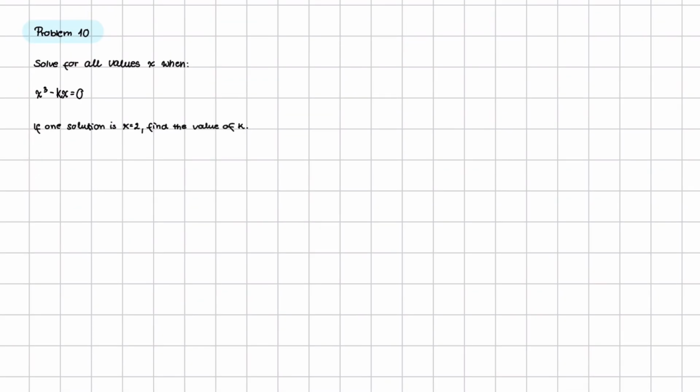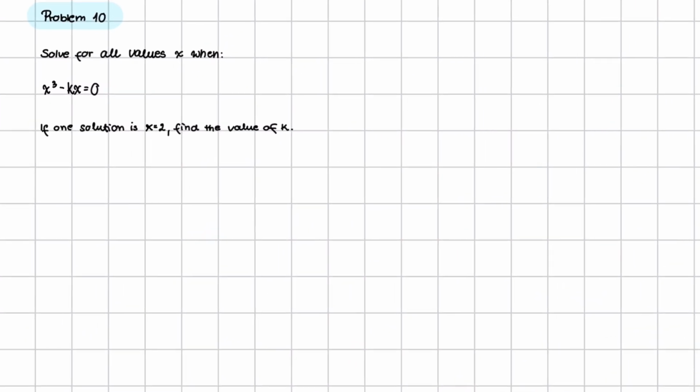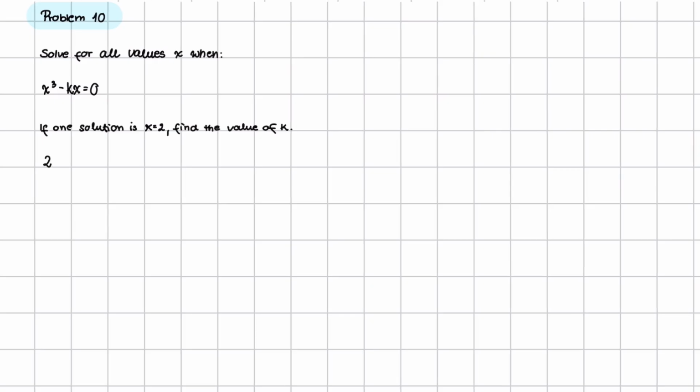Problem number 10, solve for all values of x. We have an equation, and then we have: if one solution is x equals 2, find the value of k. So basically the first thing that we have to do is just substitute 2 for x, and it is 8 minus 2k equals 0.